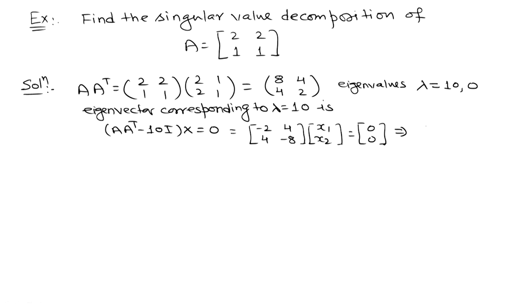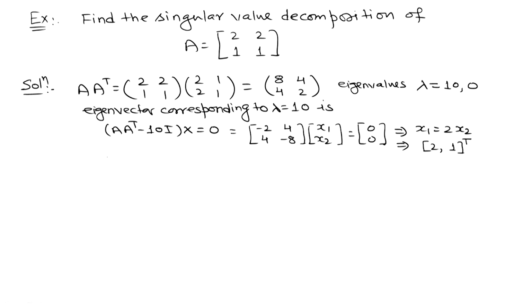So, the solution of this will be x1 equals 2 x2. If I take x2 equals 1, x1 will become 2, so the eigenvector is (2, 1) transpose.